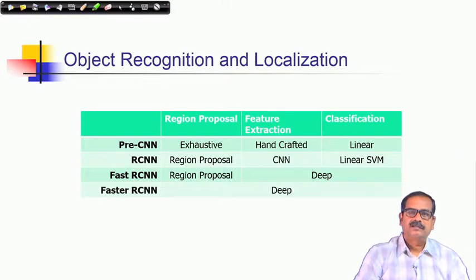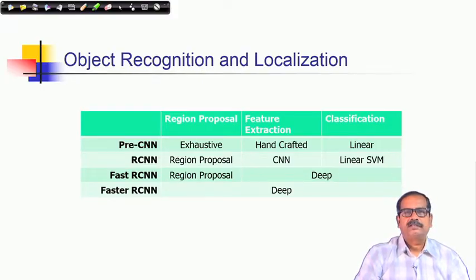So, there are stages: first you propose a region, and then you describe that region by features. You have to extract features and then use those features to classify, and if you find some object from your target classes, then you decide about that. Otherwise, you may say that the region does not contain any object.